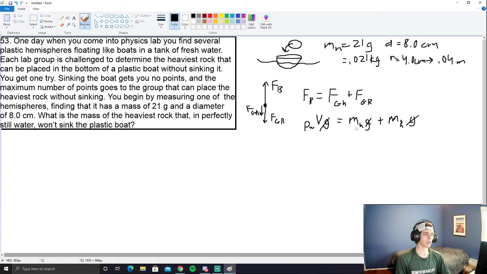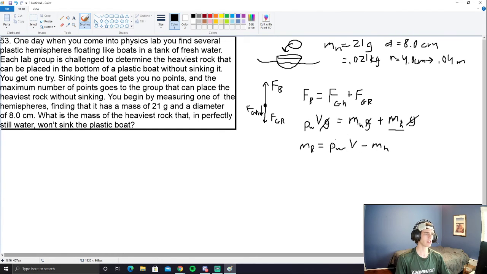So then from here, all we want to do is solve for that maximum mass of the rock. So if we have that maximum mass of the rock, it's just going to be m_r is equal to the density of water times the volume that the hemisphere takes up minus the mass of the hemisphere.